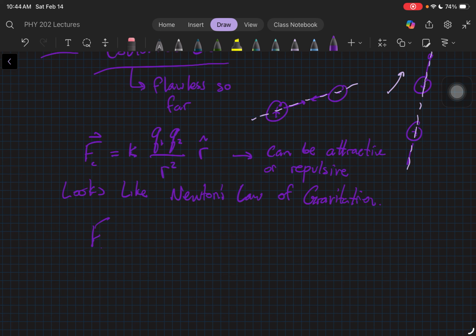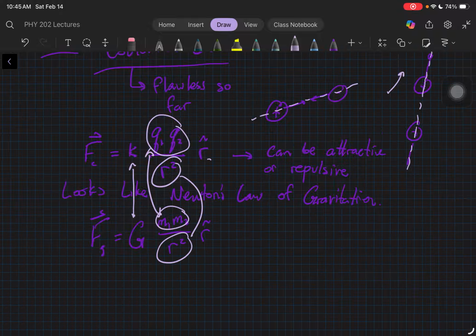Where we have this. And so in both cases, we have some constant, and then we have some intrinsic property of the material.